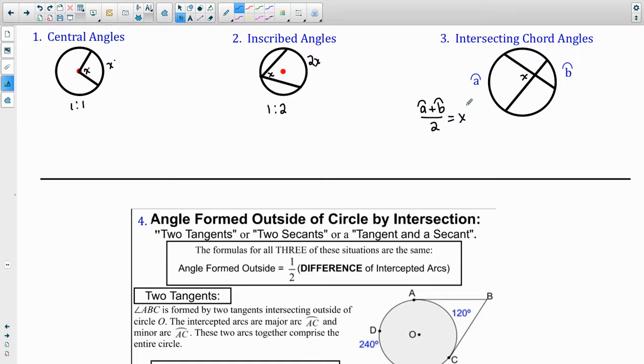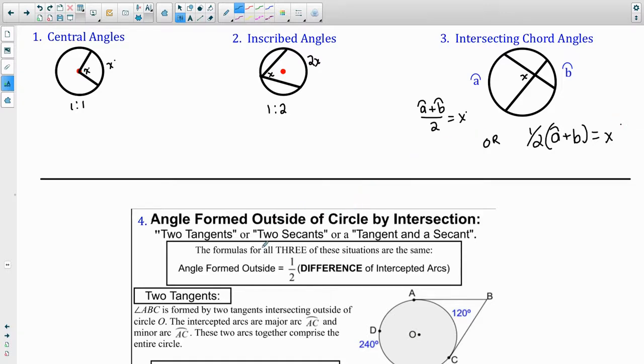One's too big, one's too small. To find the number right in the middle, we add them and divide by 2, and that would give us that angle. And of course, another way to look at that was 1/2 of arc A plus arc B, right? Two ways to do the same thing would be equal to that angle. Right, so that's what we've done thus far.